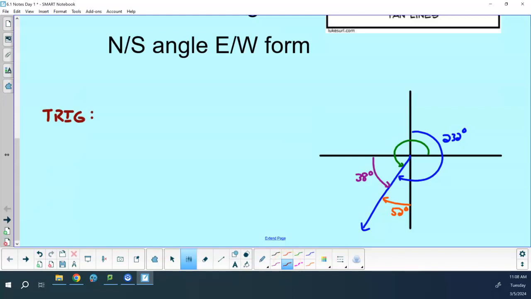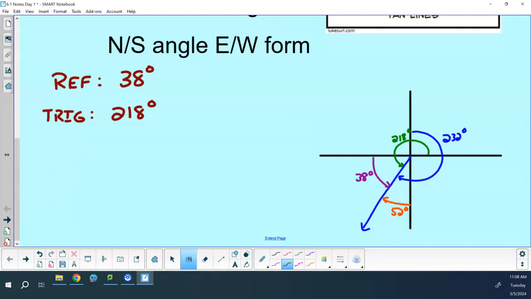So my trig angle, or my math angle, would be 218 degrees. My reference angle is the 38-degree purple angle.